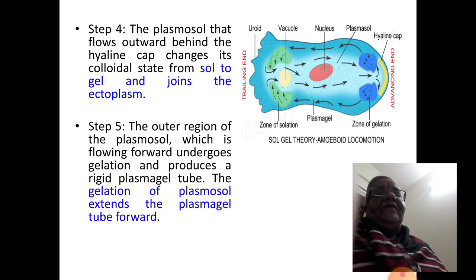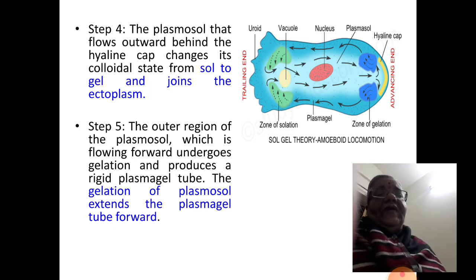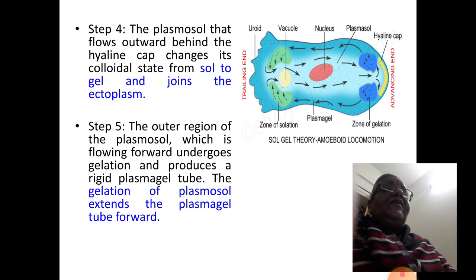Then, step 5. The outer region of the plasmosol, which is flowing forward, undergoes gelation and produces a rigid plasma gel tube. You can see here the zone of gelation, those dark blue regions.